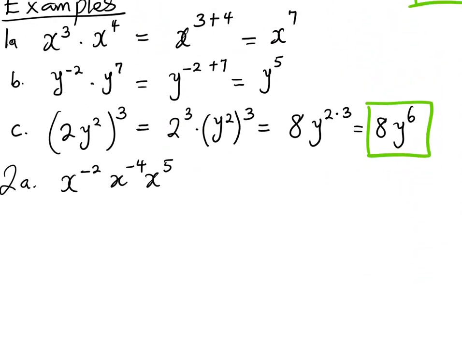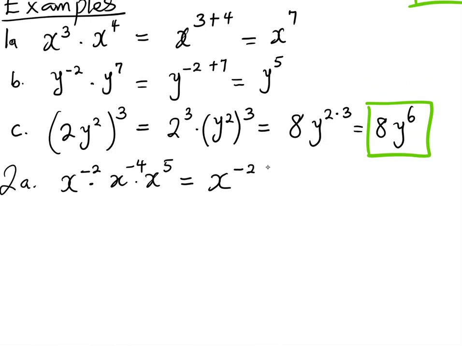Right, so in this sense, all we need to do is to apply the first law. How do I know I'm going to use the first law? Well, what we have here is multiplication. So what do I need to do? I will pick one base, which is x, then I will add all the powers.